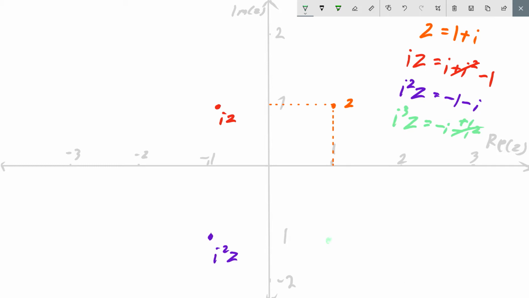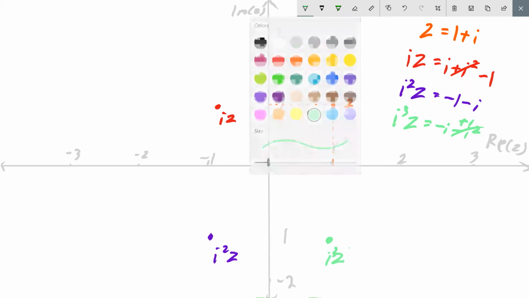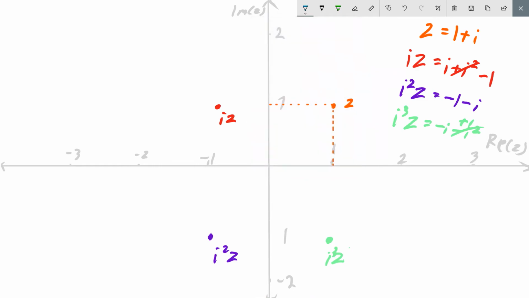Going to go here. This is i to the power of 3 z. And now I'm going to write i to the power of 4 of z. i to the power of 4 is just 1, so I'm left with 1 plus i. And you can see that this loops back.